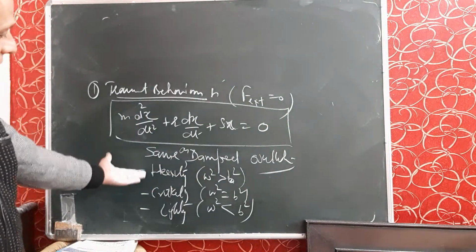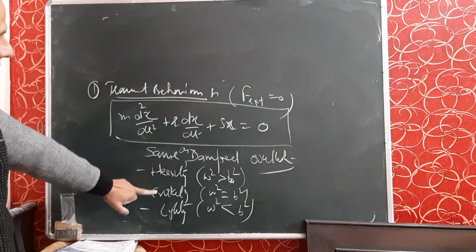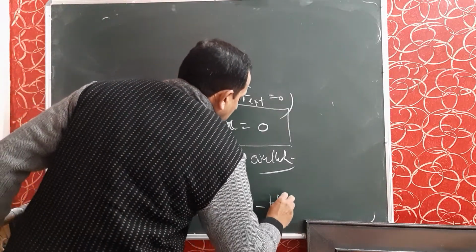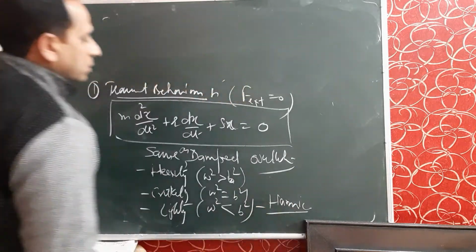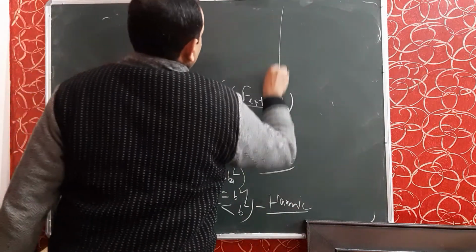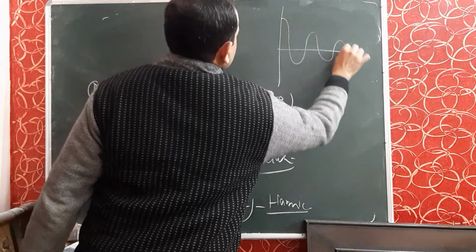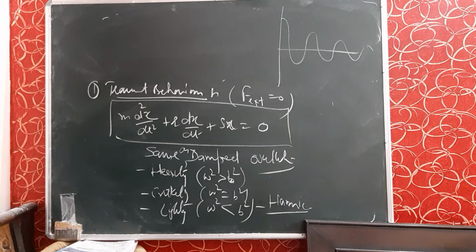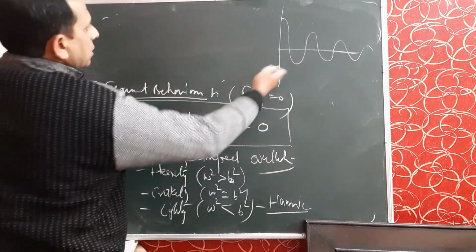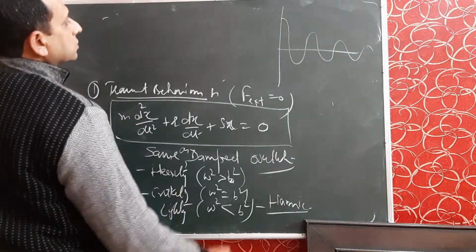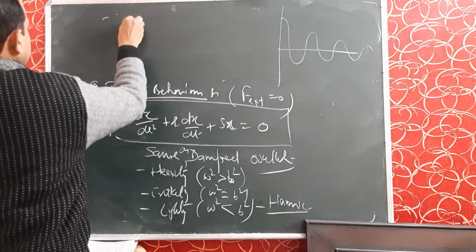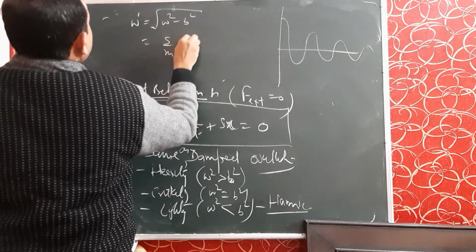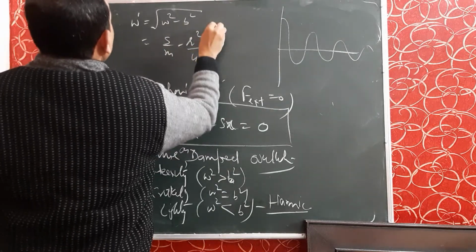You know that in the first two cases it is non-harmonic, but the third one, light damping, is always harmonic behavior, which is decreasing with a periodic or harmonic function. And the frequency is omega dash equal to the square root of omega square minus b square, or s by m minus r square by 4m square, under root.